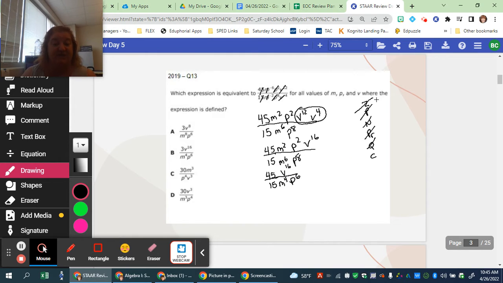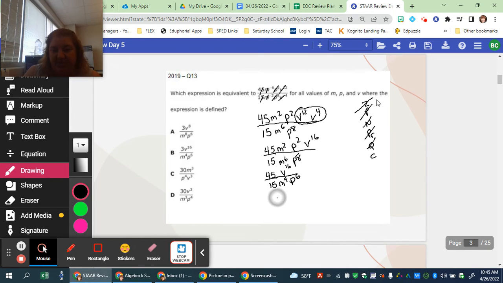Now my coefficient, can that be reduced? Well, let's see. 45 divided by 15 is -3. Oh, not -3. I had a negative on there. My bad. Second quit and clear. 45 divided by 15. There we go. 3.